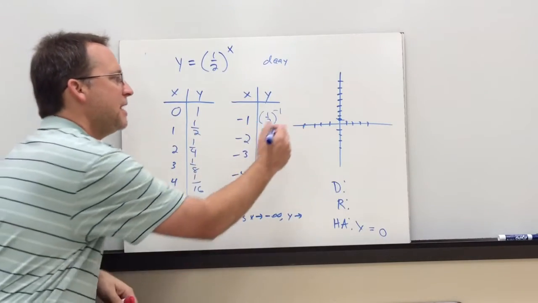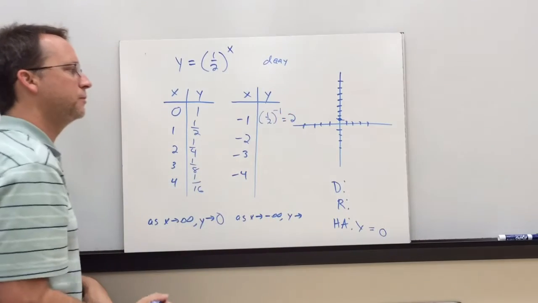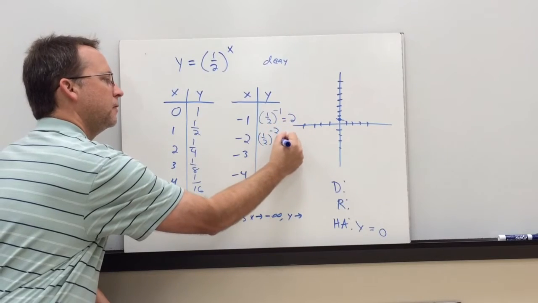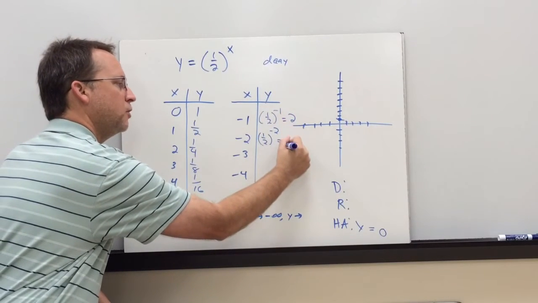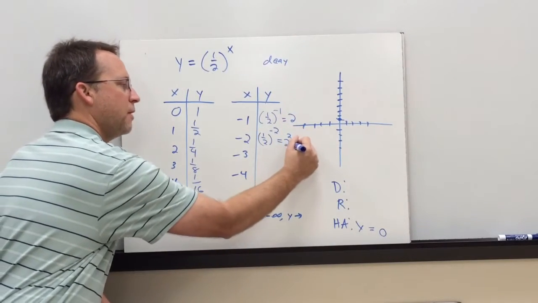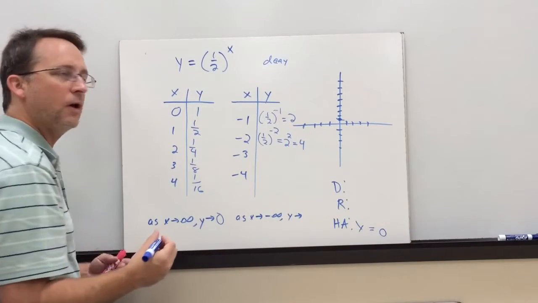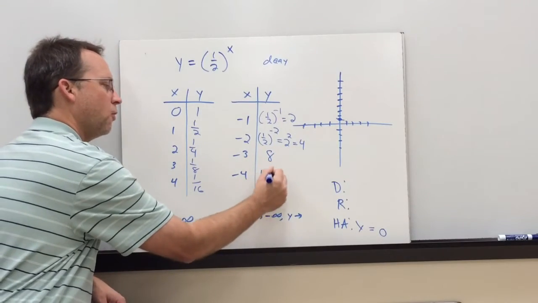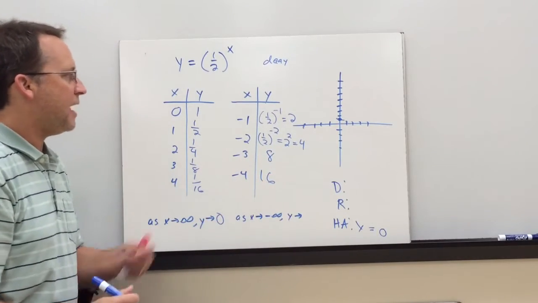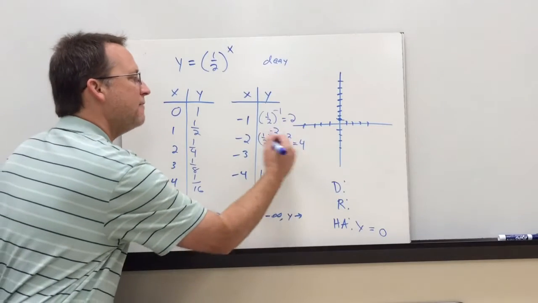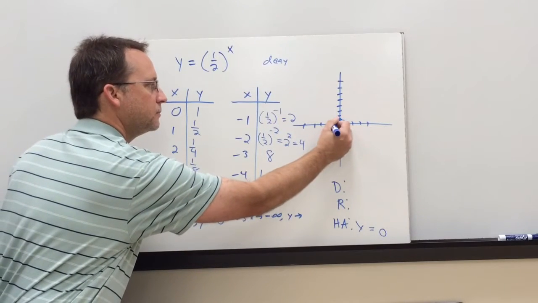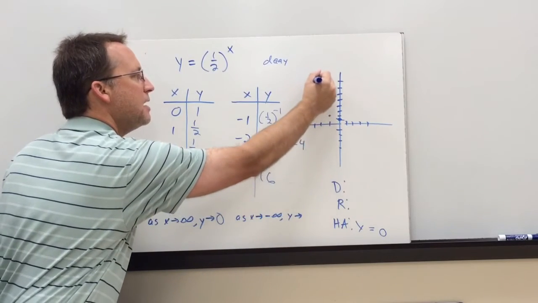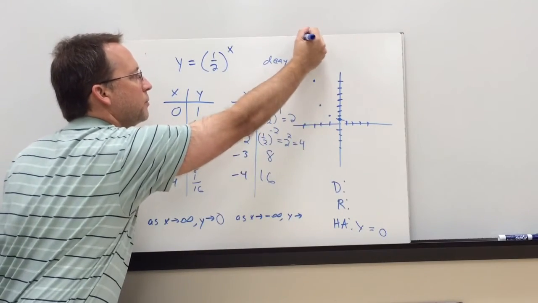So 1/2 to the -1 power is 2. 1/2 to the -2 power, well, it's like bringing the 2 back up to the numerator to the second power, so 4. 1/2 to the -3, flip it, 2 cubed, 2 to the fourth. So now as x gets more negative, the y values are getting larger. -1, 2, -2, 4, -3, 8, -4, 16 will be all the way up here.